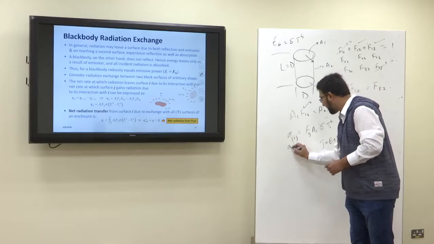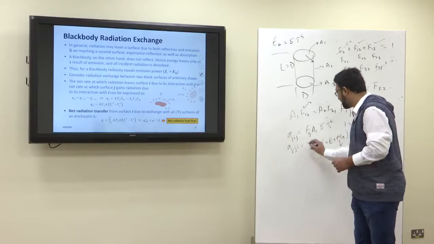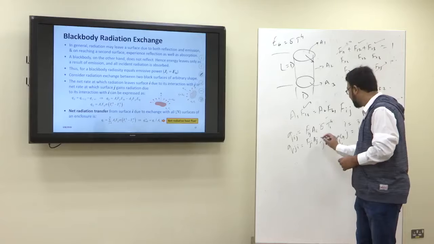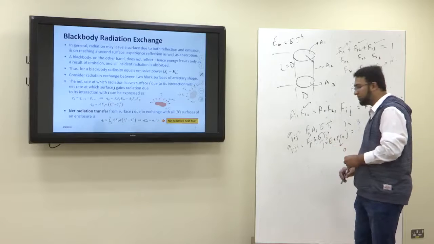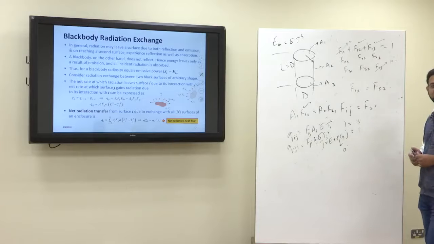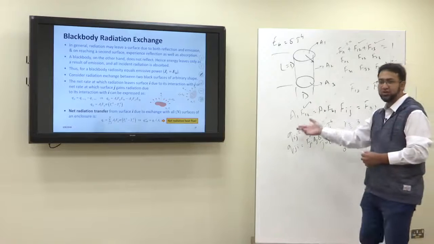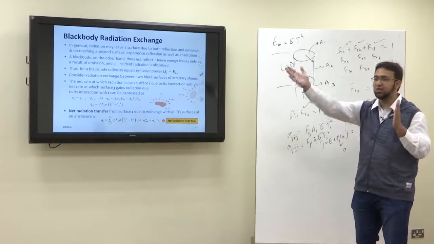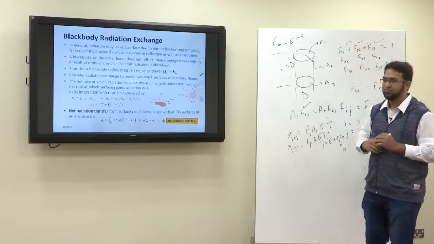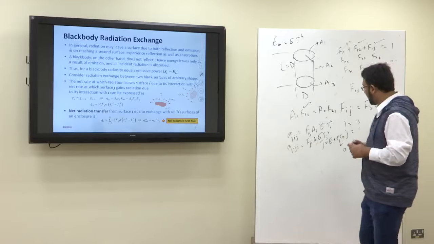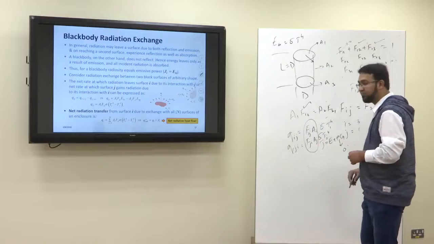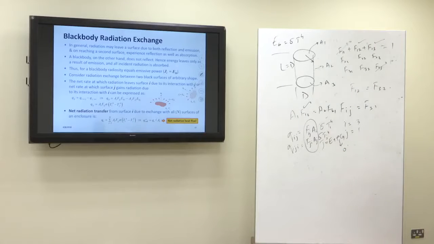So let's talk about Q J to I. So F J to I, A J, sigma Tj power 4, right? And the net exchange will be I to J minus J to I. Net exchange will be how much energy is transferred from this to that minus that to this. However, by the reciprocity relation, these two things are the same. A I F I J is equal to A J F J I, right?